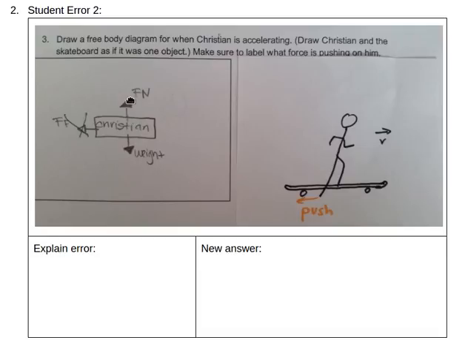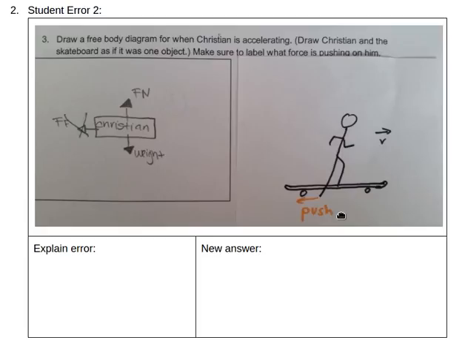Now that we've gotten those things out of the way, we've got to figure out which way Christian is actually being pushed. Now notice that Christian is pushing backwards, but Christian is actually moving forward. So this force over here of Christian pushing backwards is Christian exerting a force on the ground.